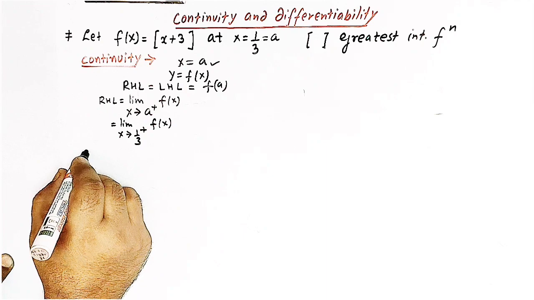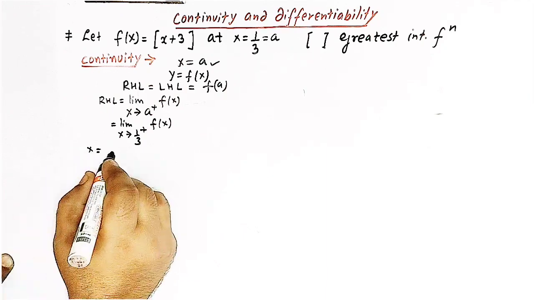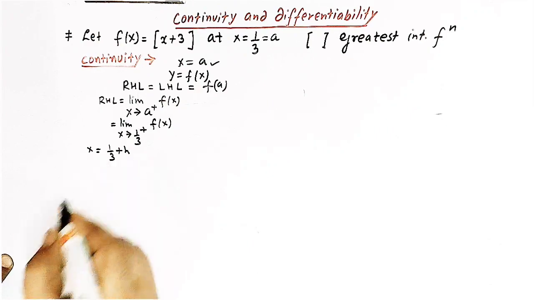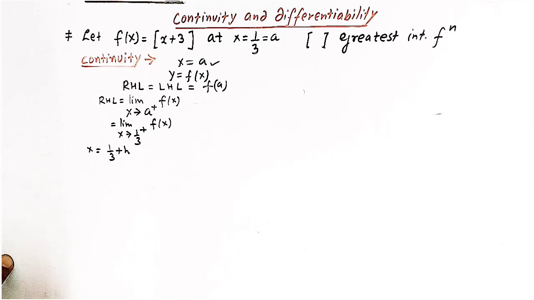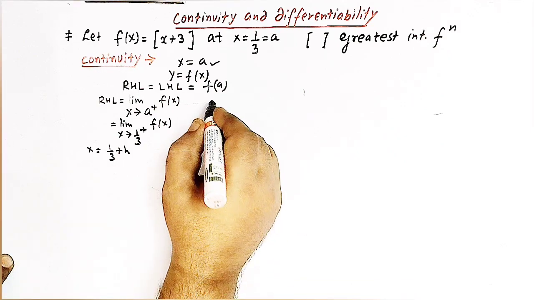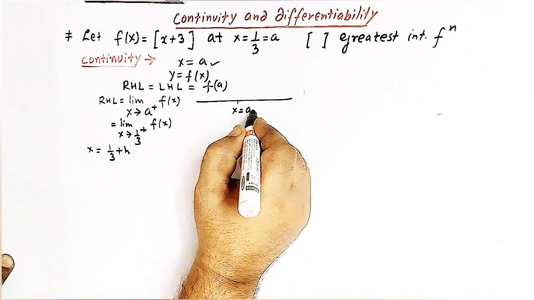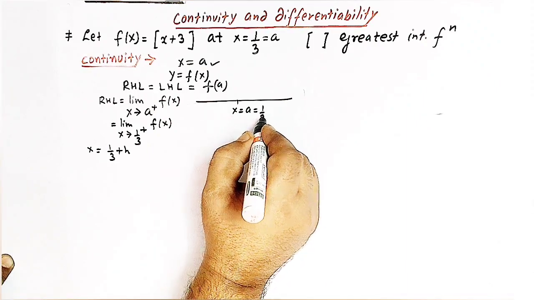right? So let us take x is equal to 1 over 3 plus h, where h is a very small quantity, or it is infinitesimally very small, right? So here we have x is equal to a is equal to 1 over 3.